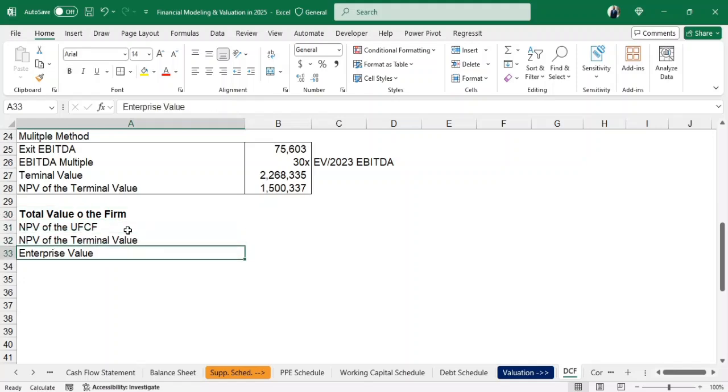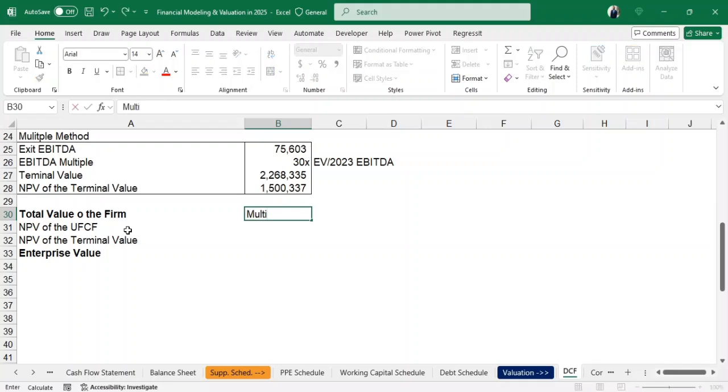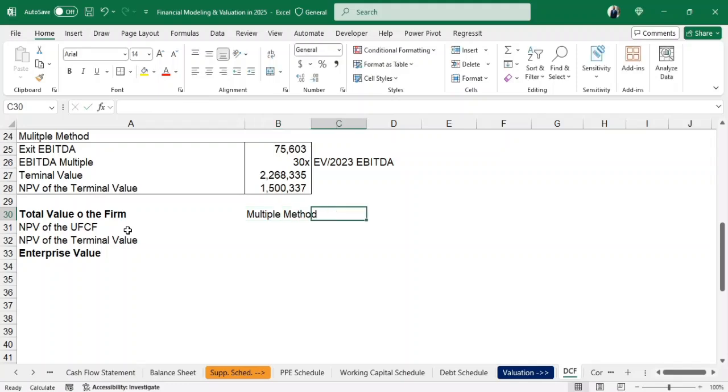Okay, so we have that, and then I can also bold this as well. Okay, so we now have the value of our, then this is the multiple method, and we are going to have the perpetuity method here.